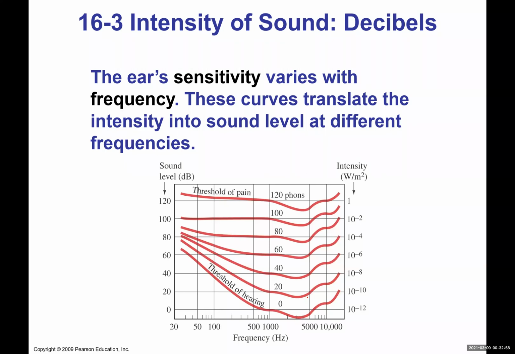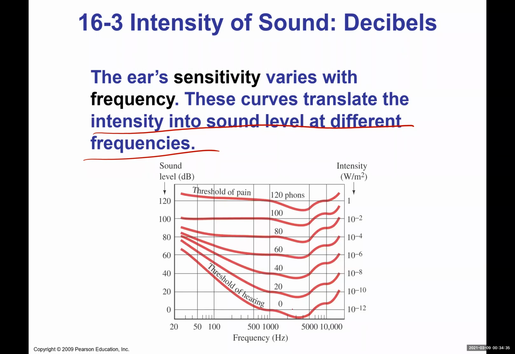All right, so this is in terms of the ear sensitivity, when you're talking about loudness. You can see it varies with frequency, and these curves translate intensity into sound level at different frequencies.